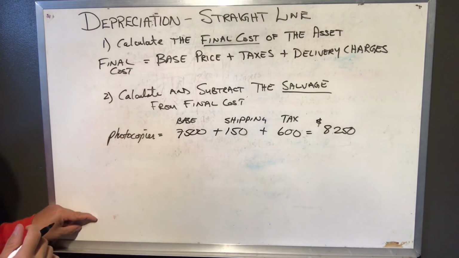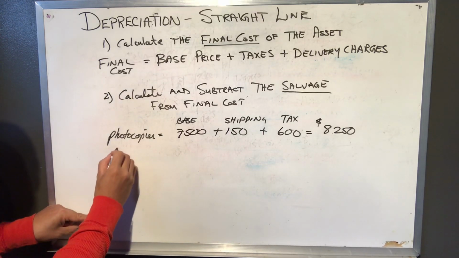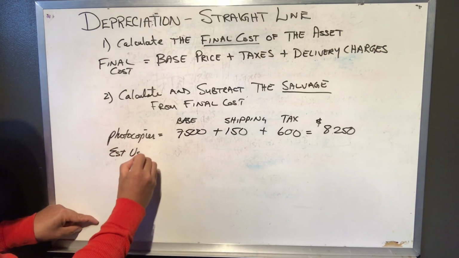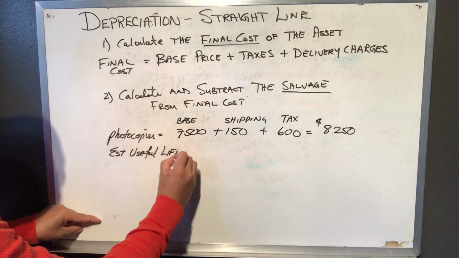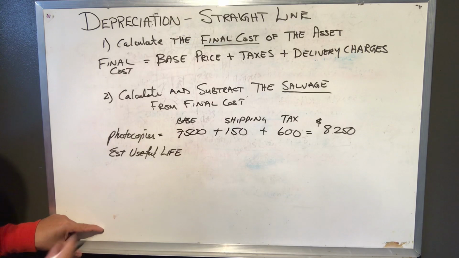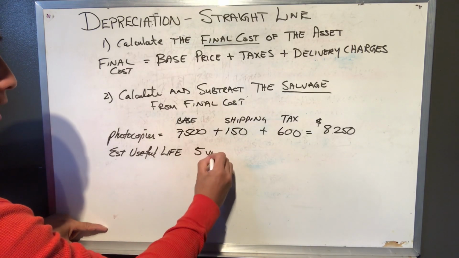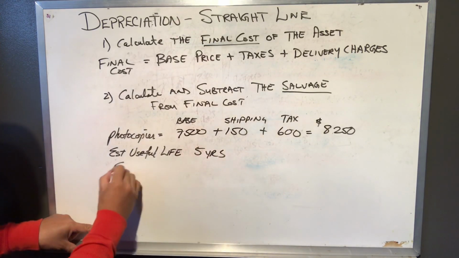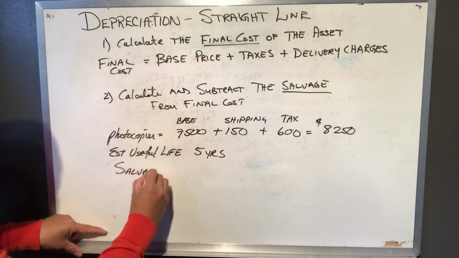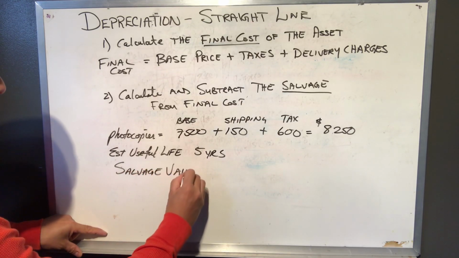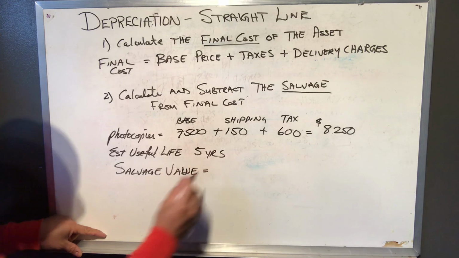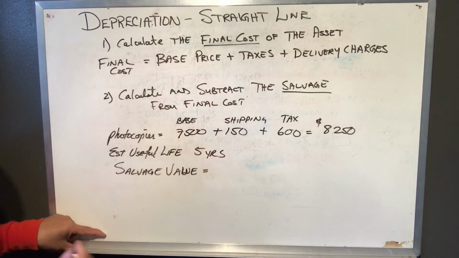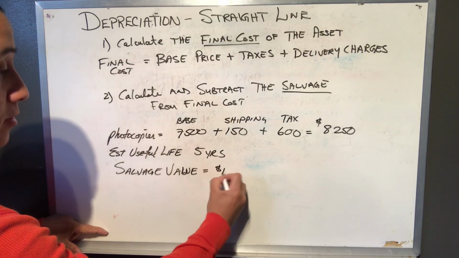Now, if we were to say that the estimated useful life were to be approximately 5 years, and again, that comes with judgment, the salvage value, let's say that that is going to be deemed at $1,500.